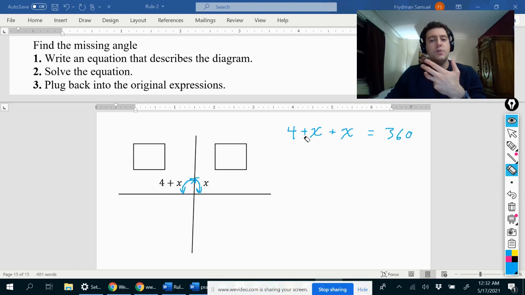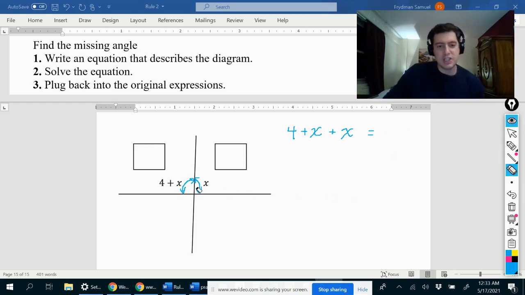So we can't add these expressions up and say that these two by themselves are equal to 360. We would have to add in these other two angles, but we don't know what these two angles are. There are no expressions written here, so we can't add them up. But this would be incorrect.